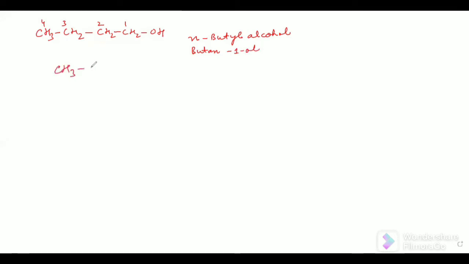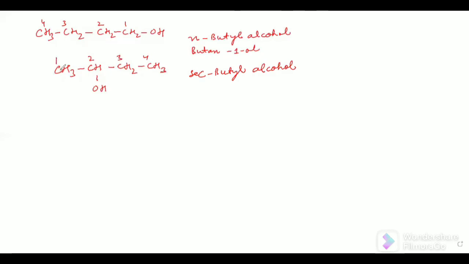Now next example, just try to name it. First of all, how many carbons? There are 4 carbons, so it is obtained from butane, but the OH group is on a branch, so it will be secondary butyl alcohol. We'll start numbering from here: 1, 2, 3, 4.